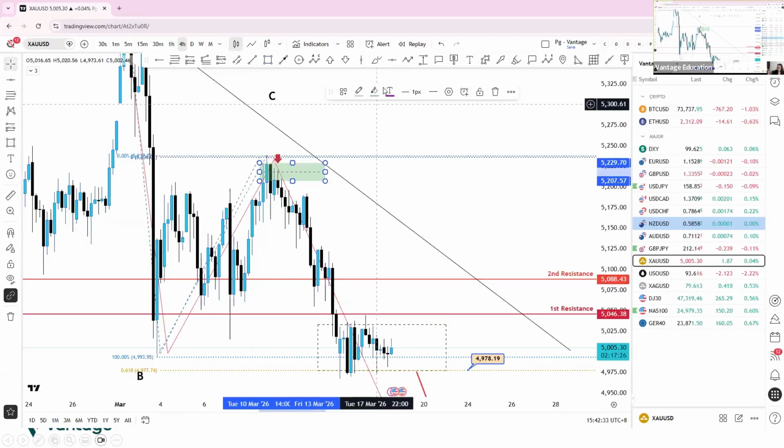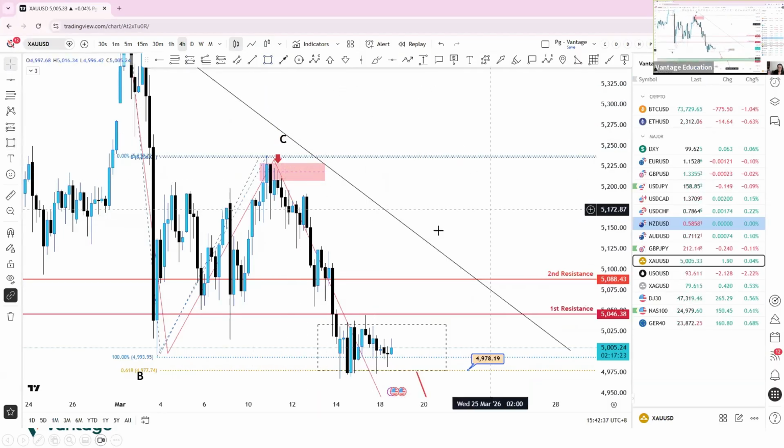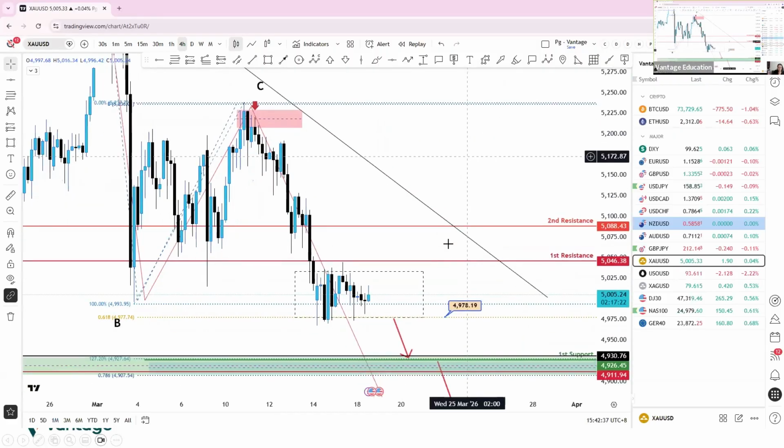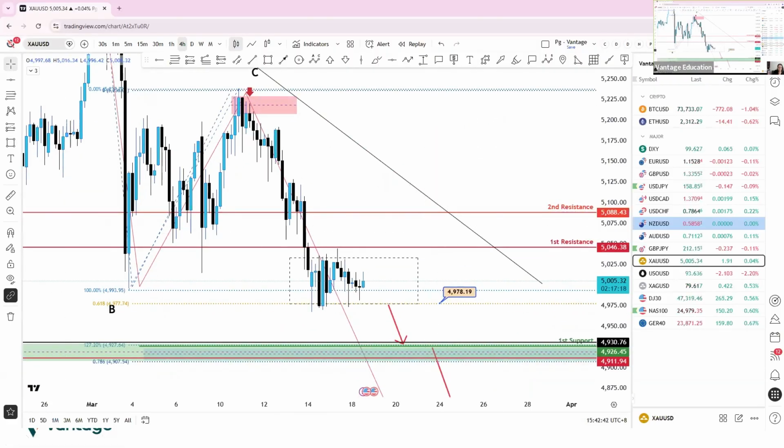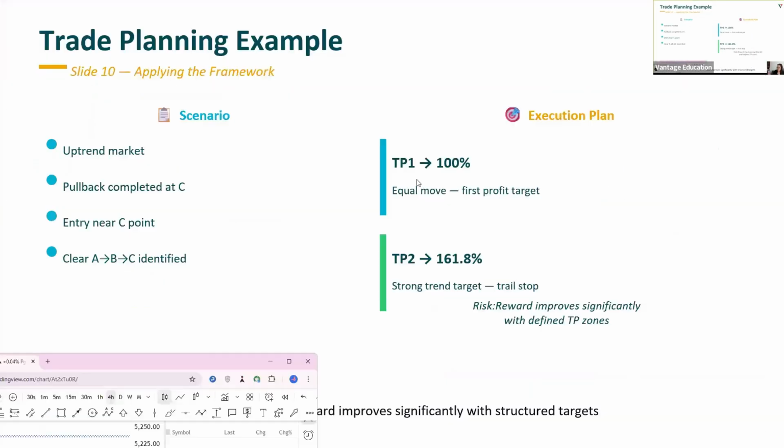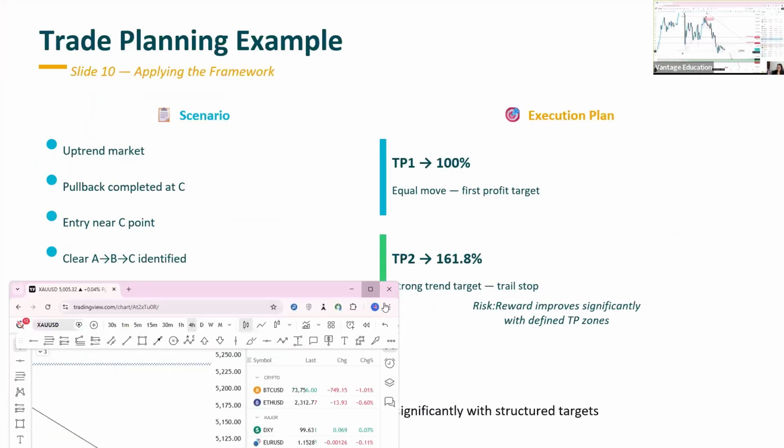So this is your sell entry, and it completes C, right here is C. So you hold. And then TP1 is the 100% projection, which is equal to the move, and TP2 is the 161.8 extension.